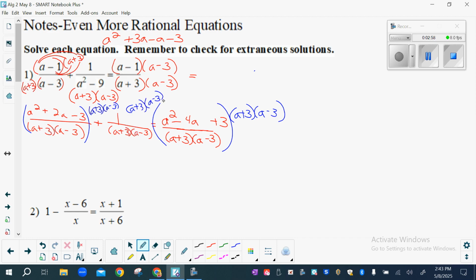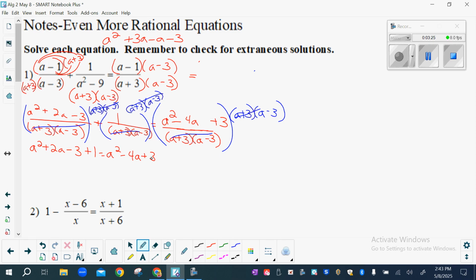It doesn't matter. I was thinking that we would need it for one of them, but we don't. So these cancel, and these cancel, and we get a squared plus 2a minus 3 plus 1 equals a squared minus 4a plus 3.